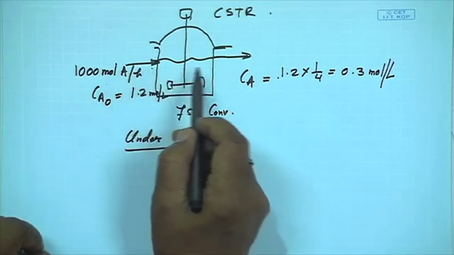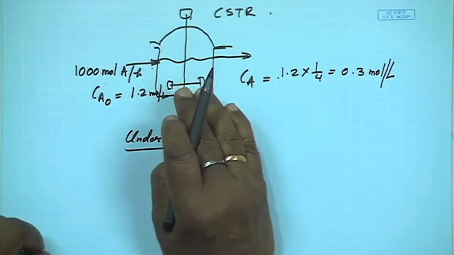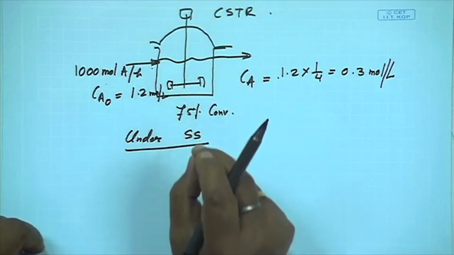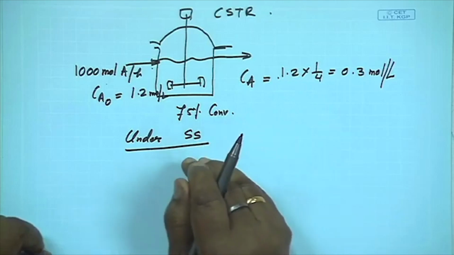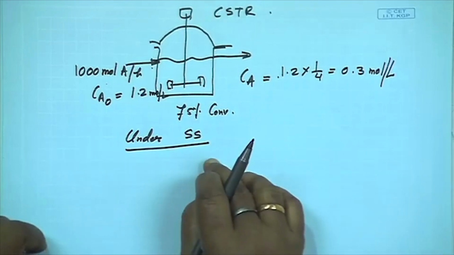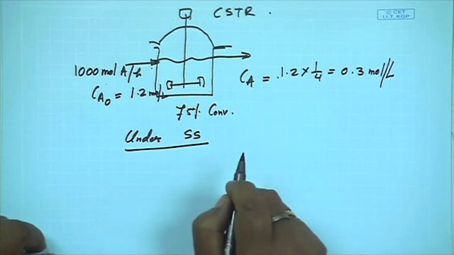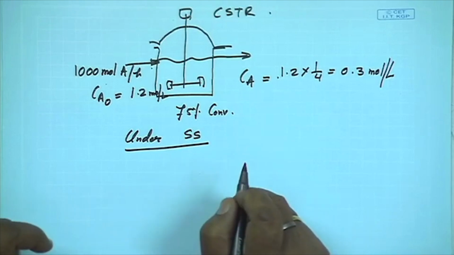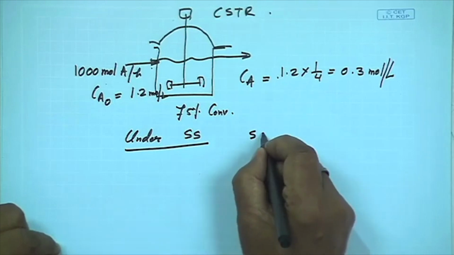If you run the system for an infinite period of time, a time will come when the substrate concentration in the reactor will be uniform, and then and only then the steady state condition will be reached. This is possible when the rate of accumulation of the substrate is equal to 0. And that is the basic thing that we have. So, under steady state condition, S is constant.